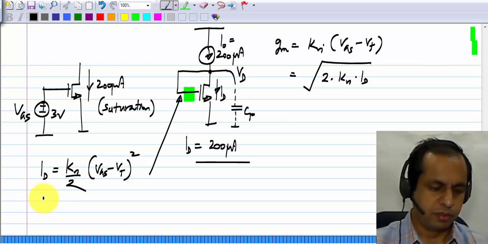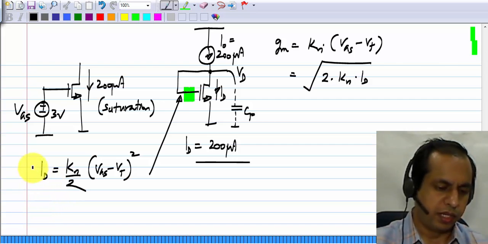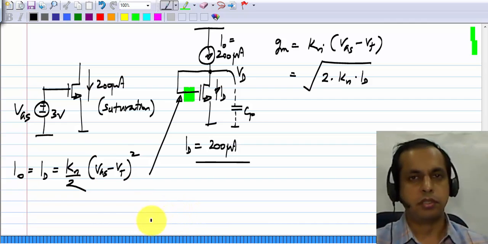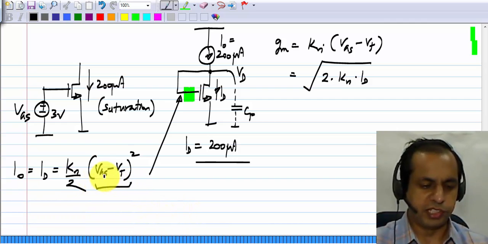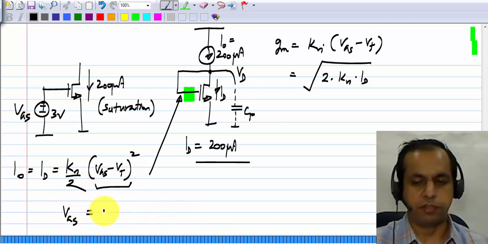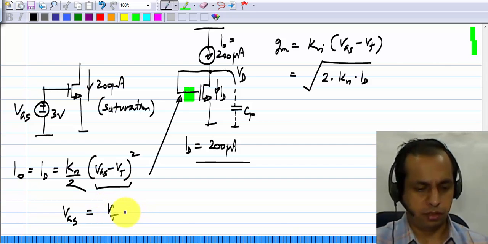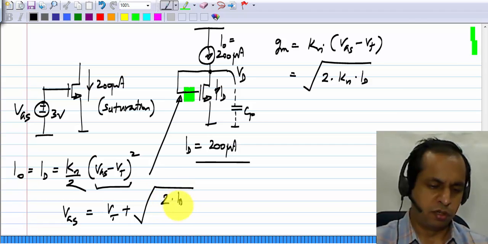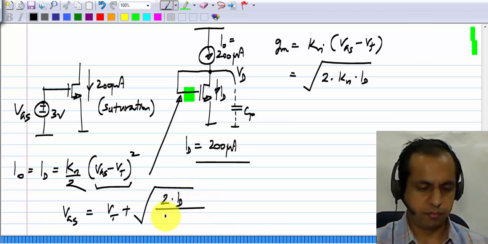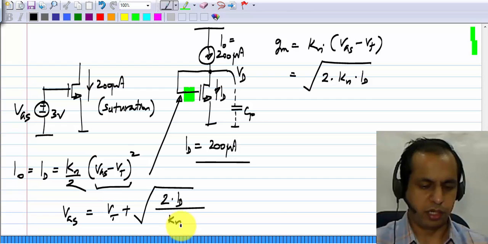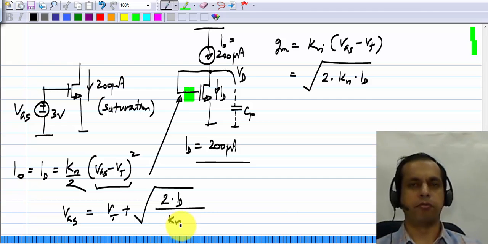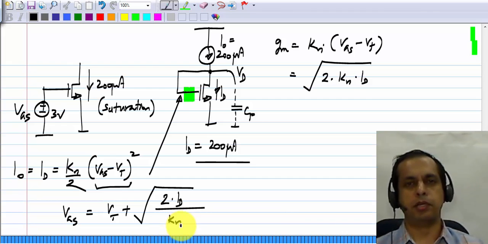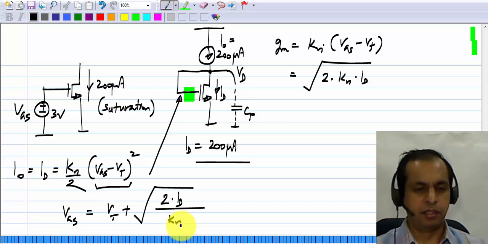Now, ID has to be equal to I0. So we can solve for VGS here and we will find that it is VT plus square root of 2 times ID by Kn. This is just some algebraic manipulation, but what does it tell us?